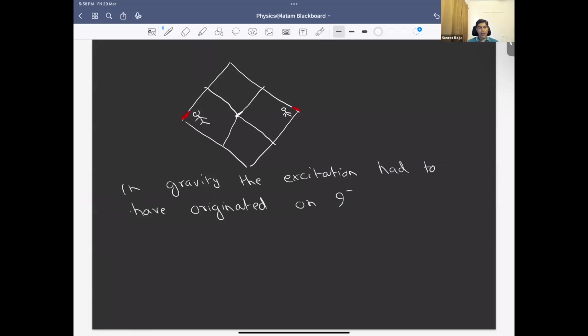And because it had to have originated here, it leaves behind traces at infinity that can be picked up later.